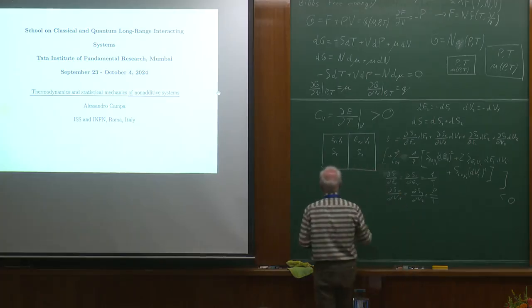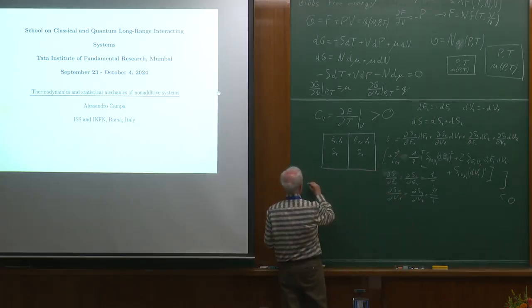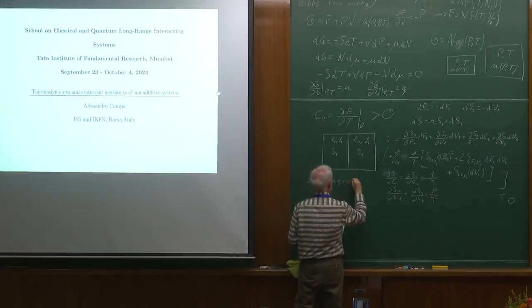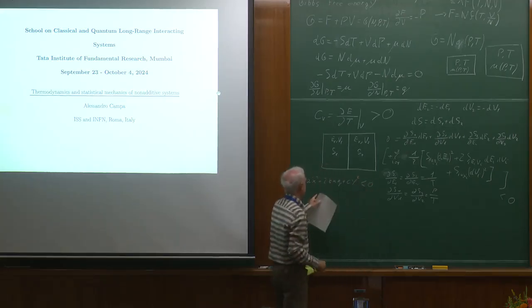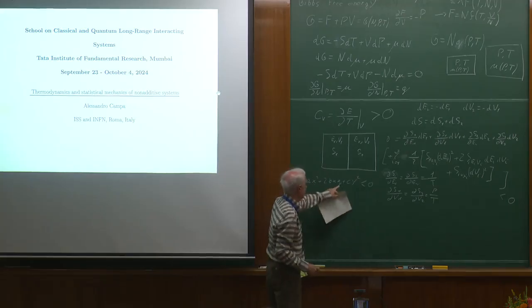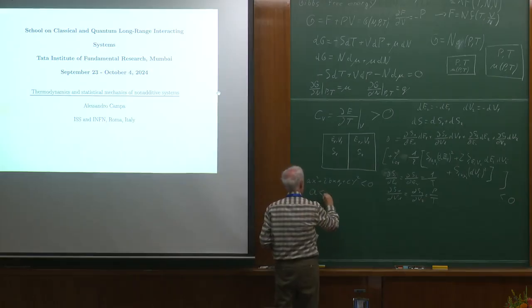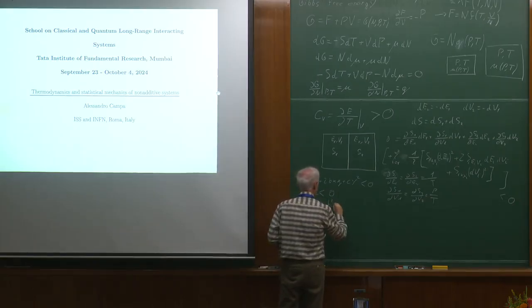For example, when you have a form like this, for any value of x and y, then this is satisfied only if a is negative, and then the other condition would be ac minus b squared positive.